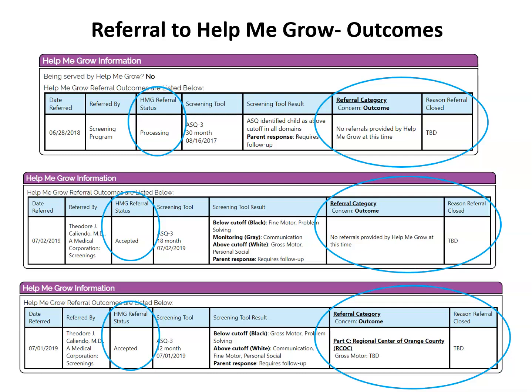So in this example, we referred the family to Regional Center for the child based on a gross motor concern. So again, this isn't a Pearls-centric example, but an example of what you will see. But the only difference would probably be a different referral addressing a different concern if it's Pearls, right? So in this example, we've given Regional Center for a gross motor concern, but you'll notice that the outcome is to be determined.